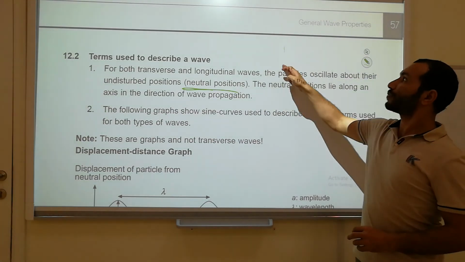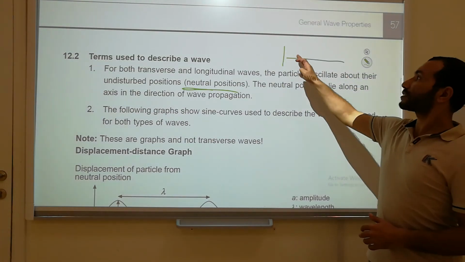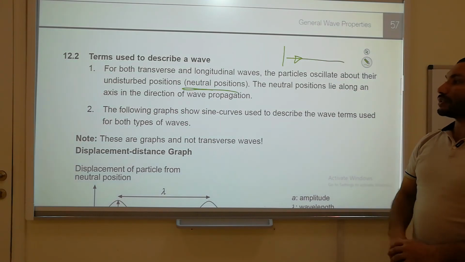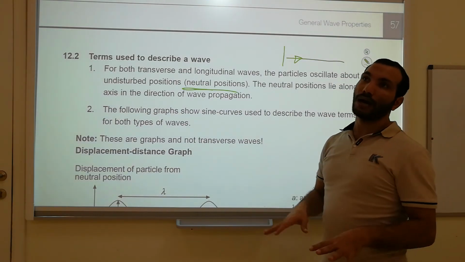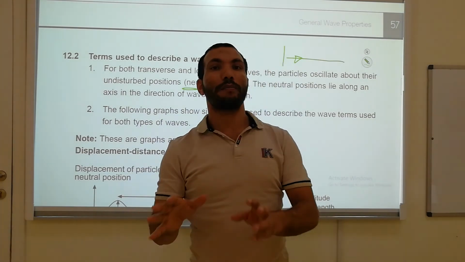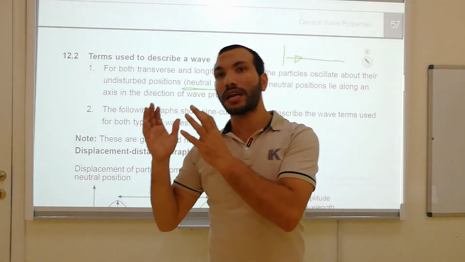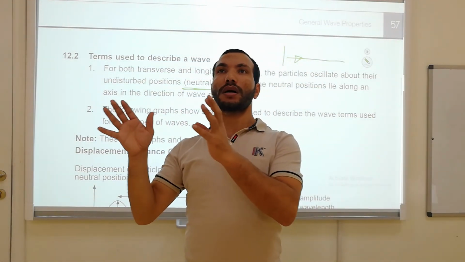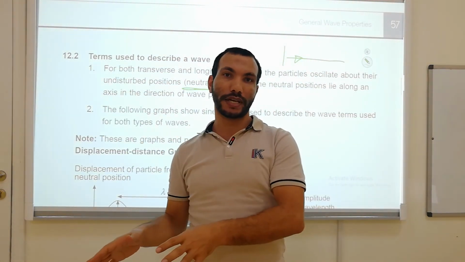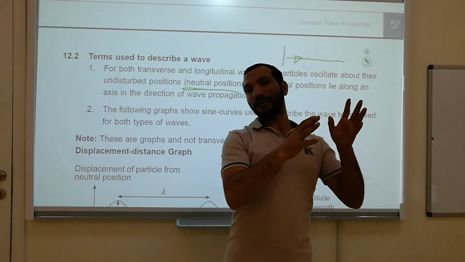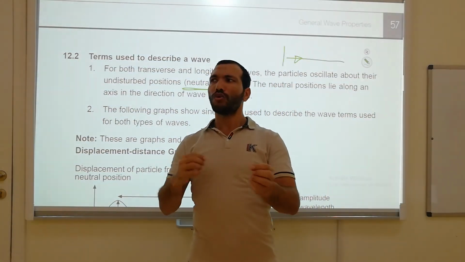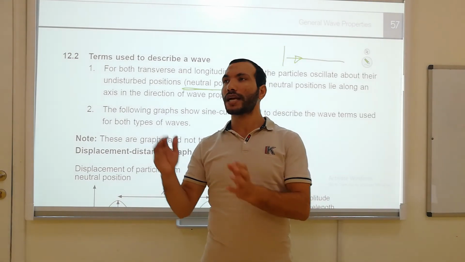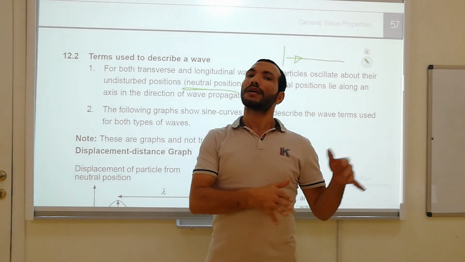If we draw the direction here, this is called the original position. This is the comparison between transverse waves and longitudinal waves and their characteristics. And now we can write a very short question: compare between the transverse waves and the longitudinal waves.